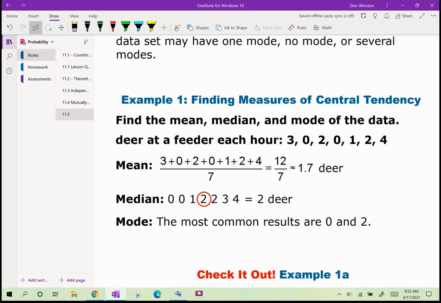You always have to do that with the median. Now what do we have? We have 7 data items, so the median is going to be the number right in the middle. We have 3 items on one side and 3 on the other, and then the median is the number right in the middle. The mode is the number that occurs most frequently. In this case, it is bimodal. We have 2 modes, 0 and 2.